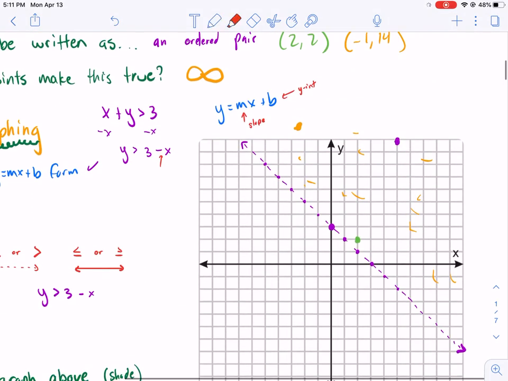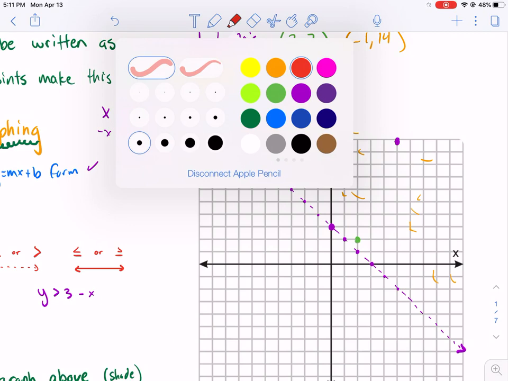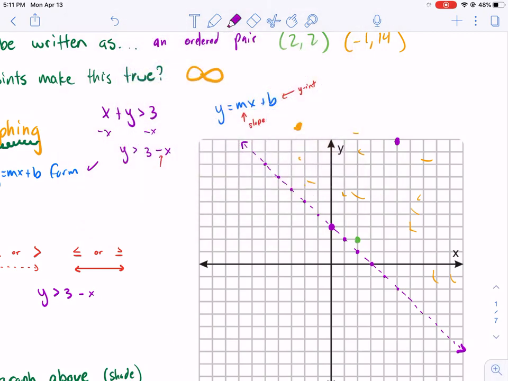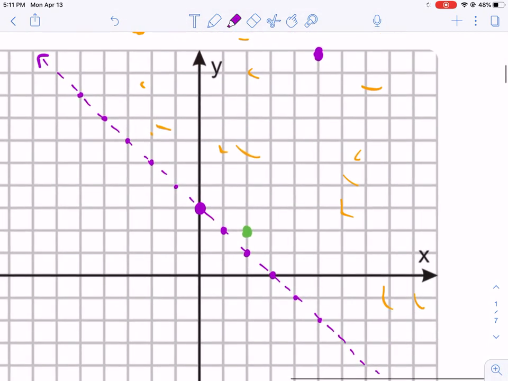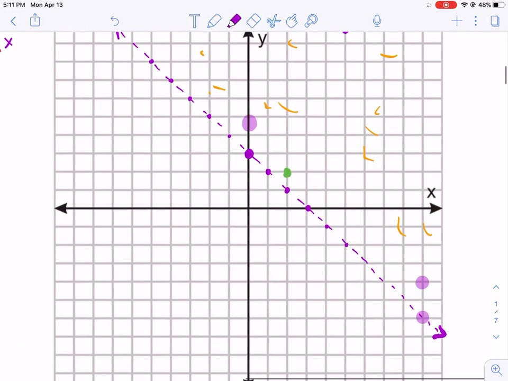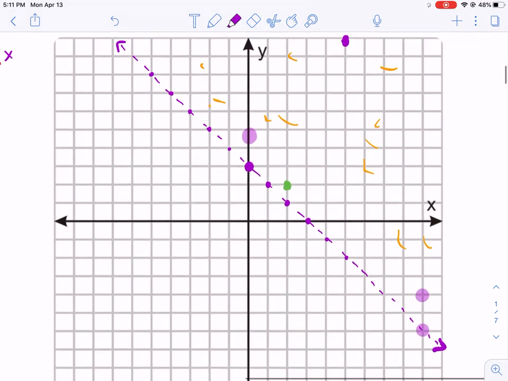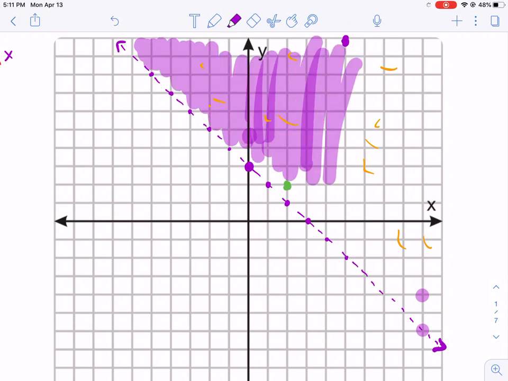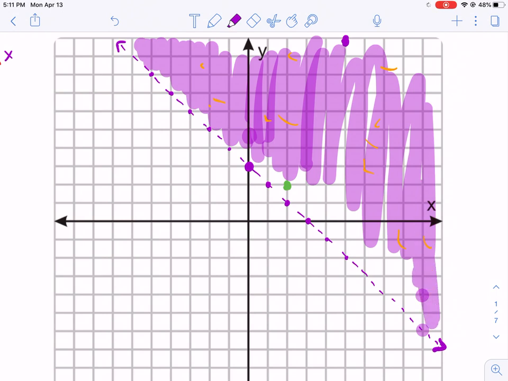Let me change to my shading color here. So I'm going to use purple to shade. If you're ever confused on where to shade, just pick any point and then pick a spot above it. That's where you shade. Any point, like down here, shade above it, right there. Some people get confused on where above is, especially when you get steep lines, but just pick any point, pick above the line, and then shade, and then that is what your graph should look like.